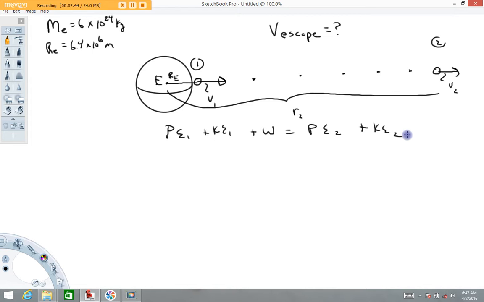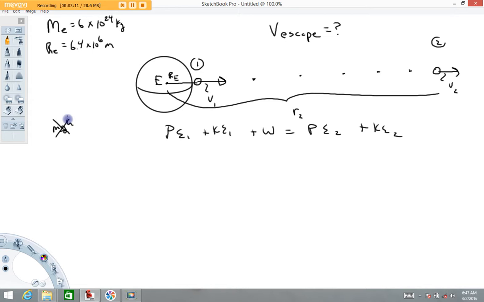Now, I'm just going to go through term by term, just like we always would in any work energy problem. PE1. Now, gravitational potential energy, a lot of times in most problems in physics, is mgh. This is only true, however, if you're in a constant gravitational field. When you get to a planetary scale, if we're getting far enough from the planet that gravity is not constant, this is not good enough.